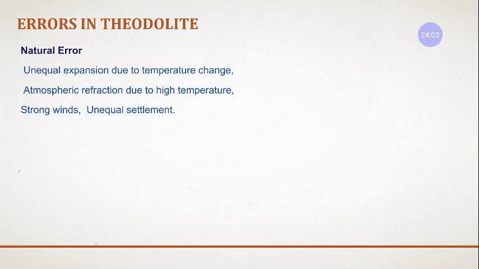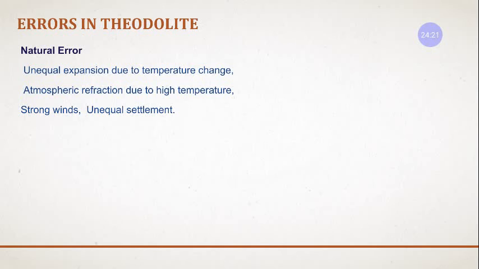Next is strong winds and unequal settlement. Due to strong winds, there are slight changes, small movements of the theodolite. What is unequal settlement?